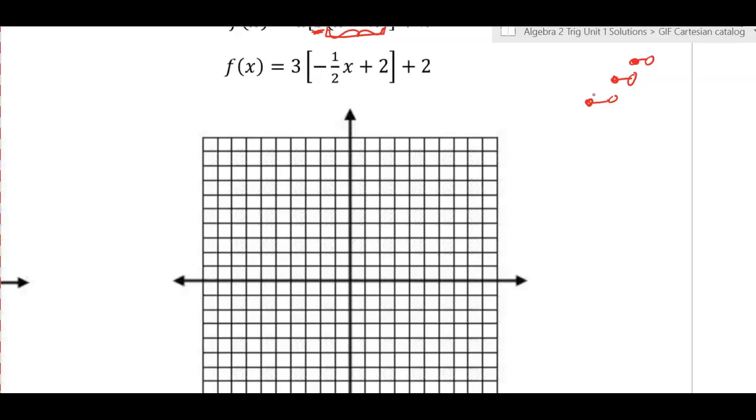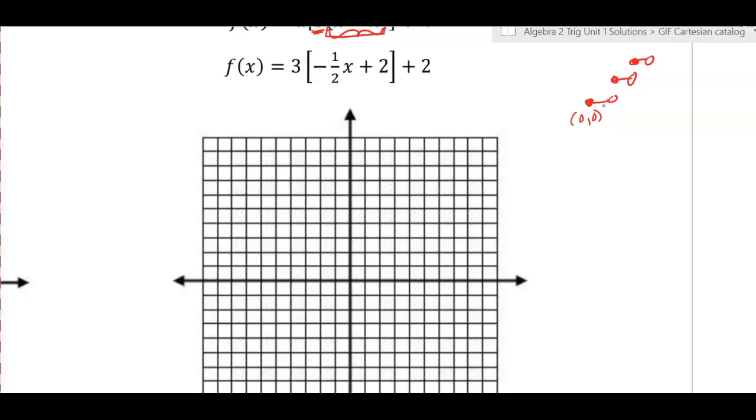And normally, what are the characteristics of these steps? Normally, where do we start at? 0, 0. My starting point would be 0, 0. And how long would my steps be horizontally? 1 unit. Okay, parent function-wise. And how far apart would they be vertically? 1 unit.